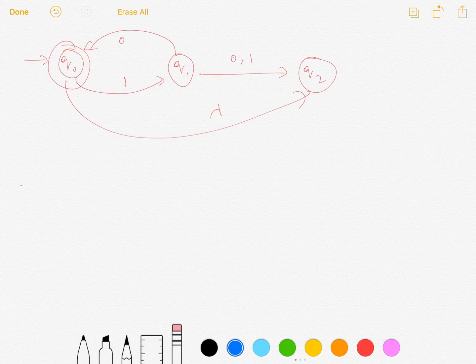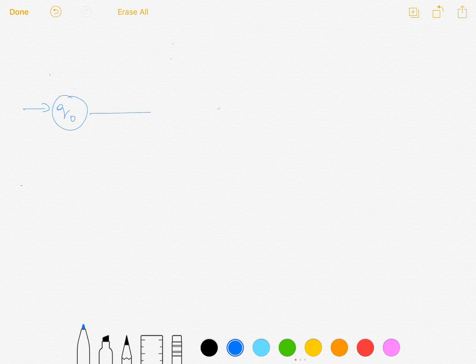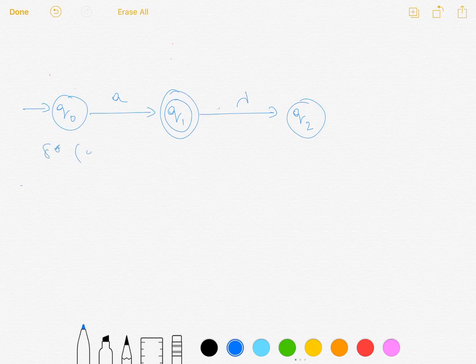Now, in this example, the question comes as what should be the output of these transition functions: delta Q1 A, delta star Q2 lambda, delta star Q2 AA. Now, what do you mean by delta star?